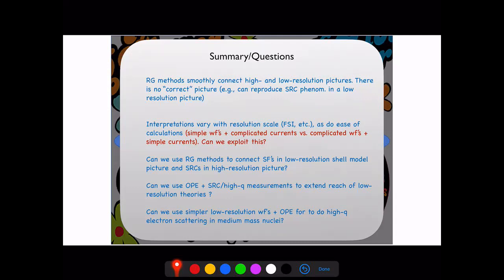Because in an SRC you have a momentary fluctuation to high local density for these pairs, but those are highly virtual, off-shell phenomena, and so I'm not sure how that connects with the high density equation of state, where it's more about understanding things like on-shell, quasi-particle physics. So yeah, I don't know. I think that remains to be seen. Thank you.